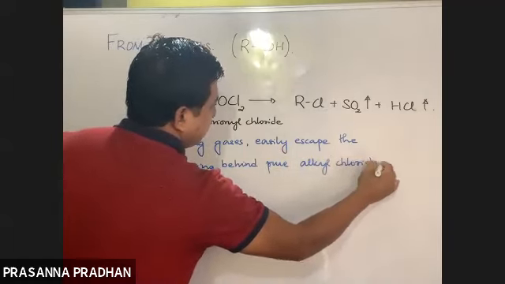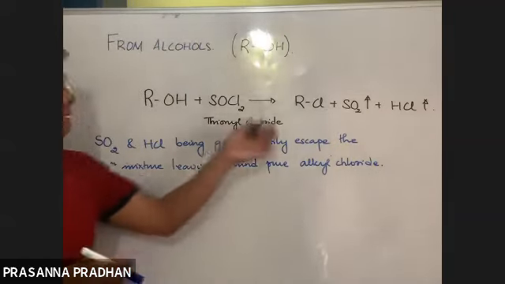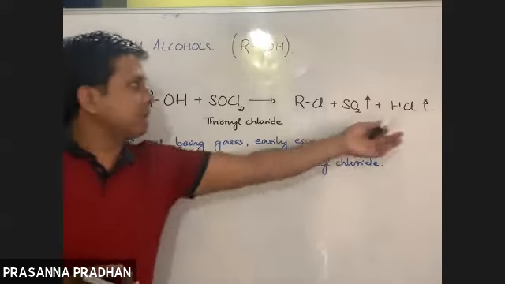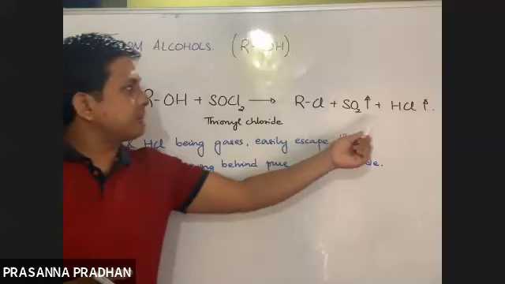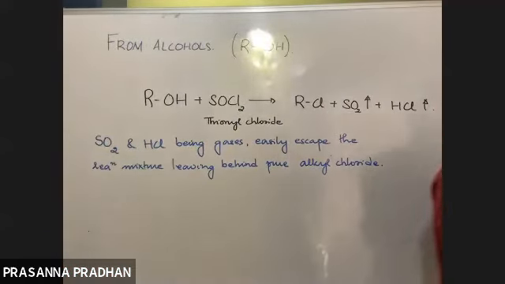So here this is a better method for the preparation of alkyl chloride. Why? Because the side products are gases. The upward arrow suggests that these are gases. So being gases, they will easily leave the reaction mixture, leaving behind pure alkyl chlorides like this.